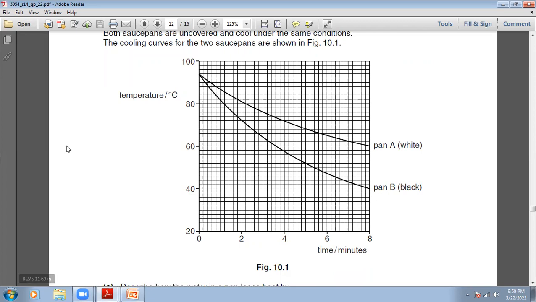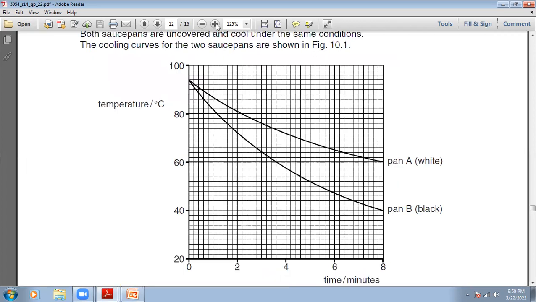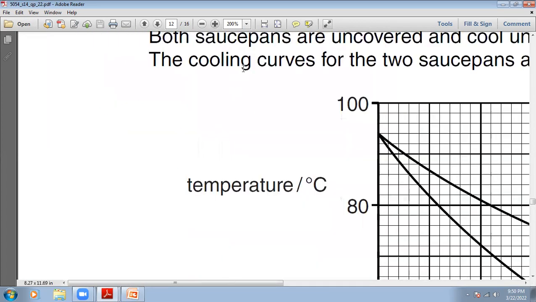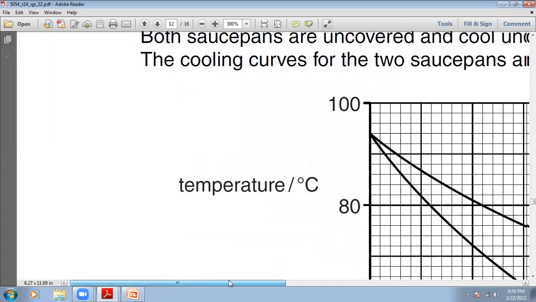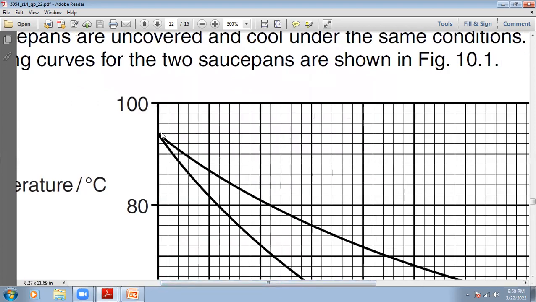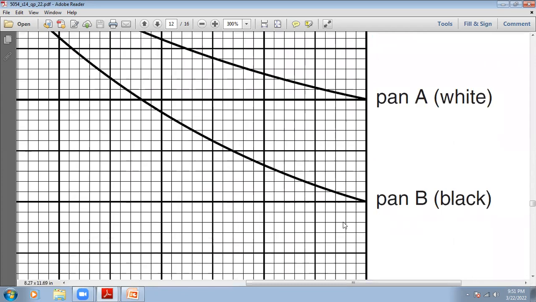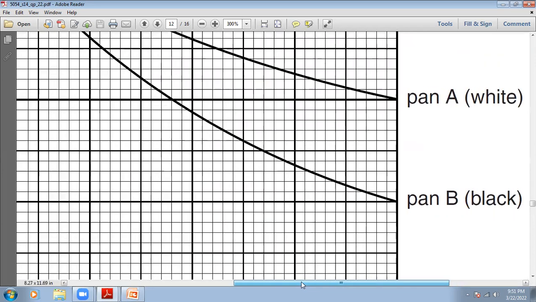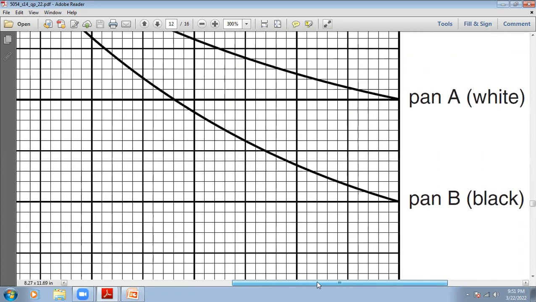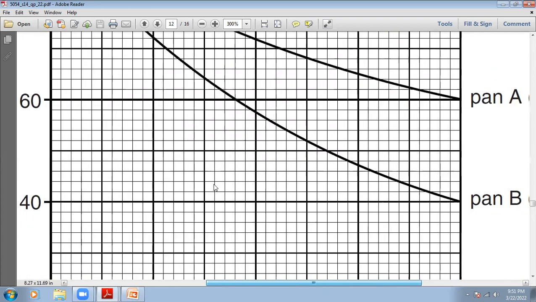Yes. So to make it easier for you to read: the initial temperature is 94, and the final temperature for pan A and B is 60 and 40. Pan A 60, pan B 40.